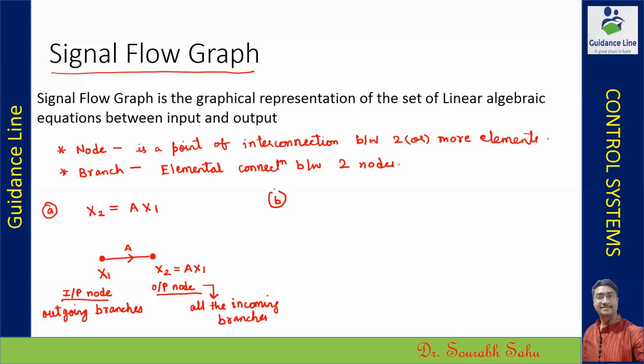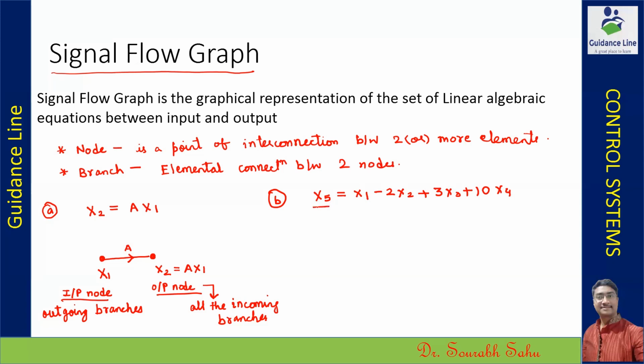If I consider a second example, let us suppose I have an equation in the form of variable x5, which equals x1 minus 2x2 plus 3x3 plus 10x4. Again we have x5 written in terms of x1, x2, x3 and x4.